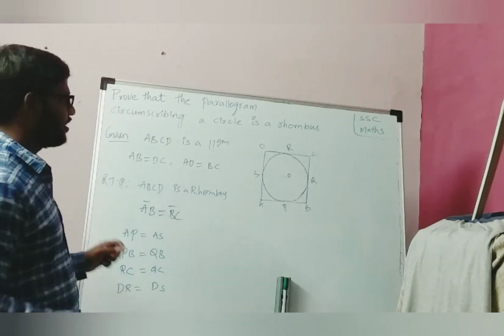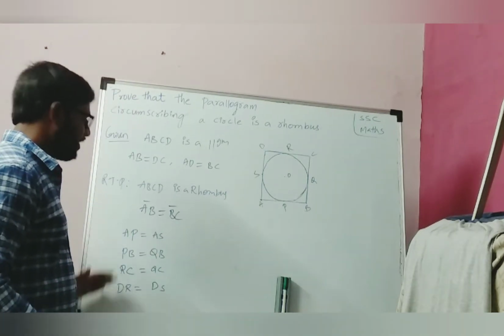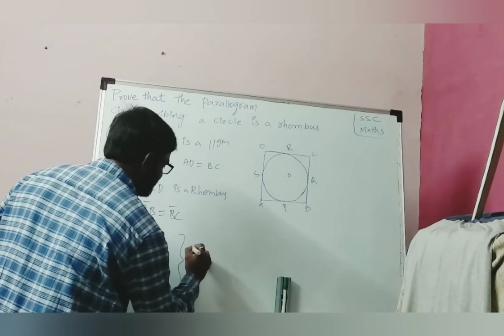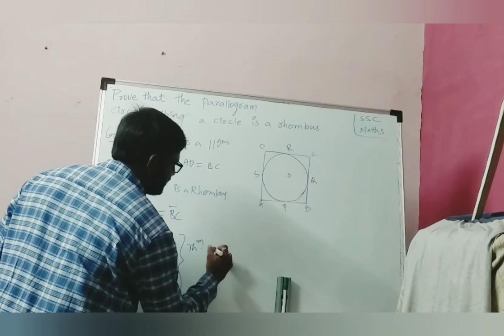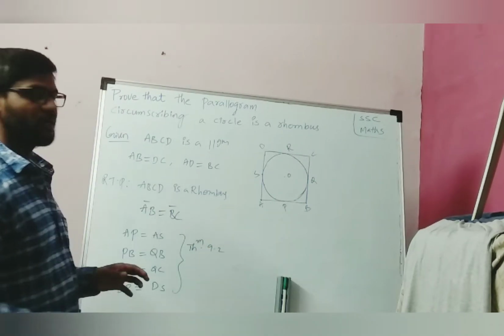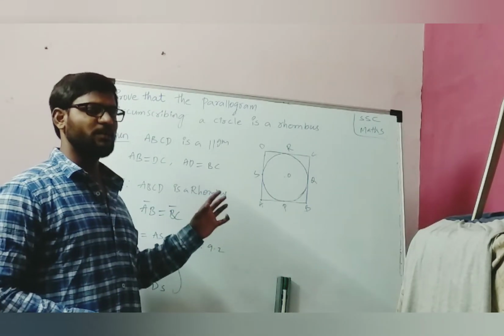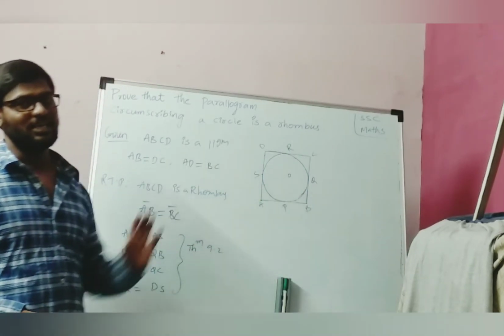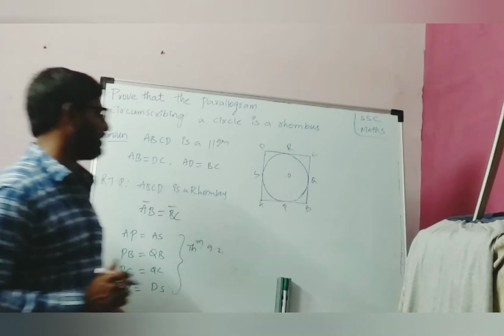Here I wrote the four equations from theorem 9.2. What is theorem 9.2? Tangents drawn from an external point are equal. Just now we proved theorem 9.2.